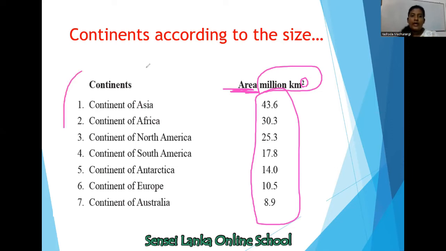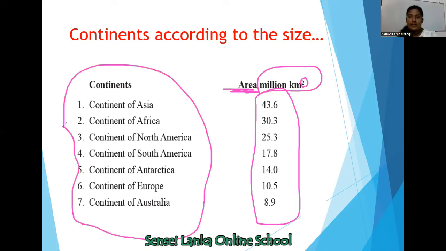So here you can see the continents according to their size. So what is the largest? What is the biggest continent in the world? It is Asia. Continent of Asia is the biggest, 43.6 million square kilometers.